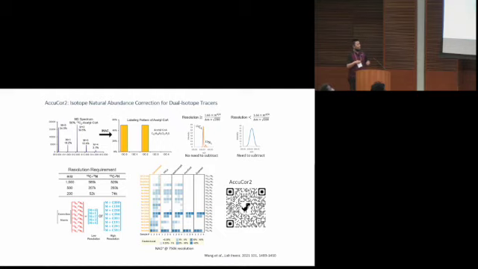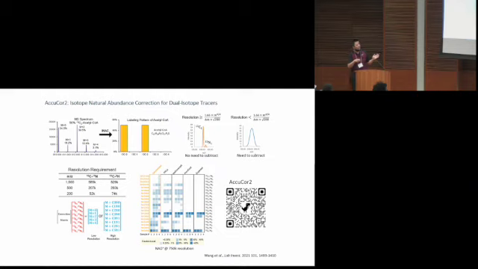The way you correct this data really depends on the resolution. No matter how fancy your machine is, you will always see two situations. In the first situation, your resolution is enough to distinguish carbon-13 and nitrogen-15. In this case, the nitrogen-15 does not interfere with your observation, and you could just leave this data alone.